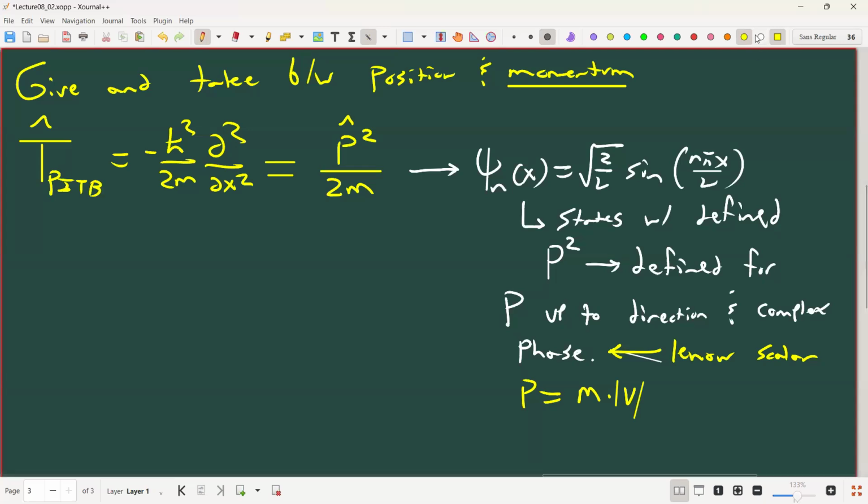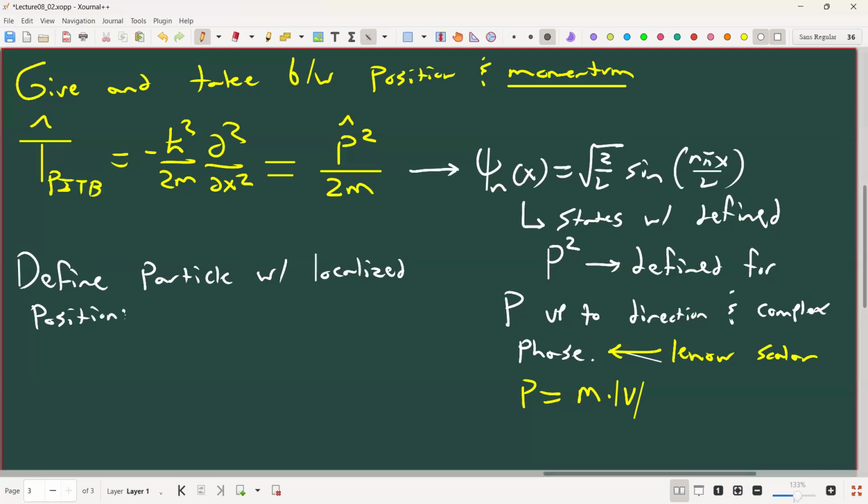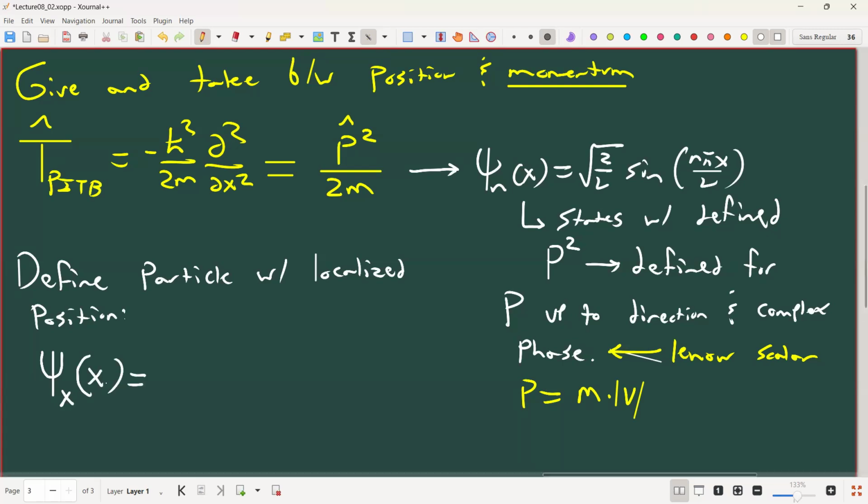So when we define a particle with a localized position, I'm just going to use a very simple function. I'm going to use a bell curve for it. Imagine that we have this wave function of position x, and we'll say it's centered at x naught.